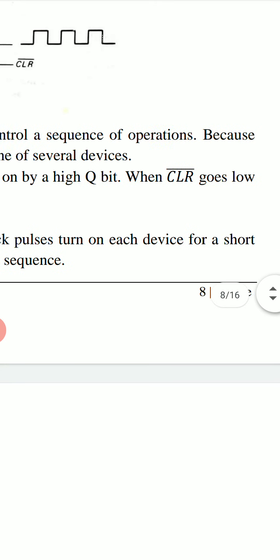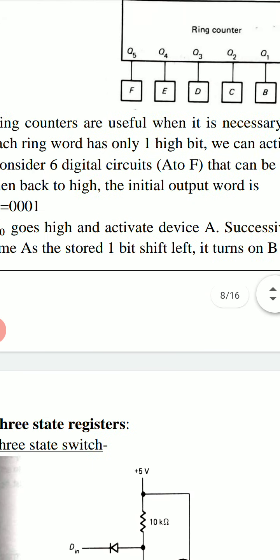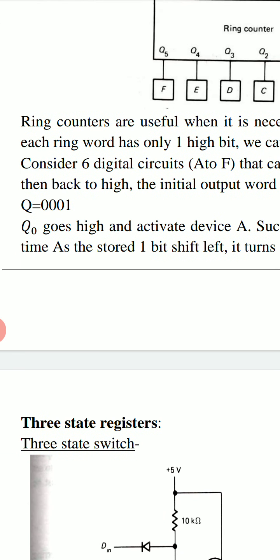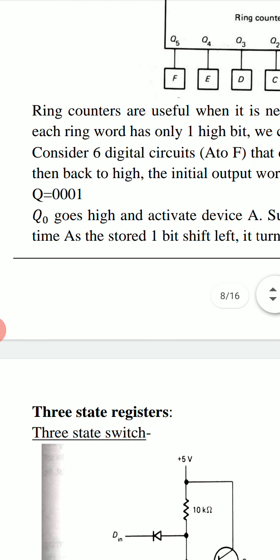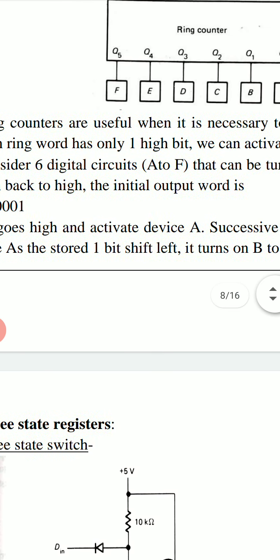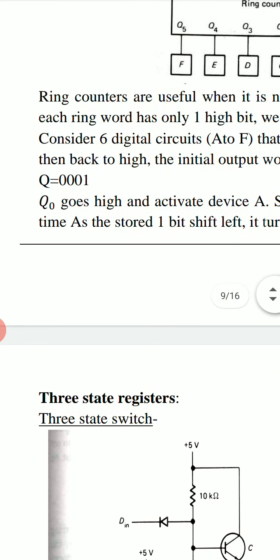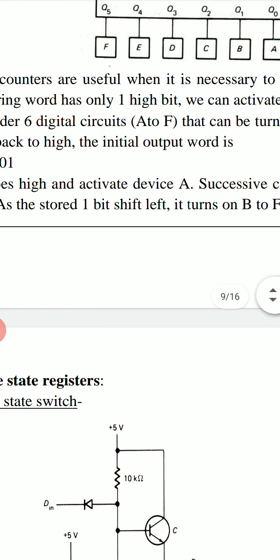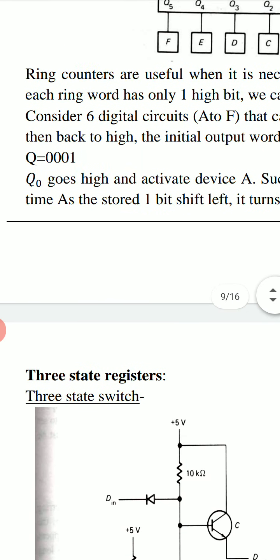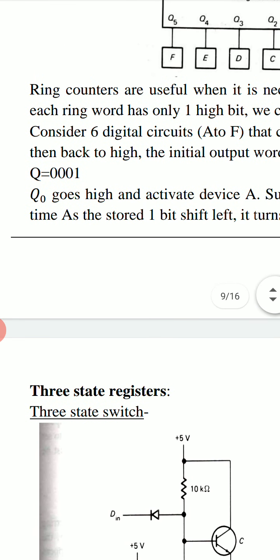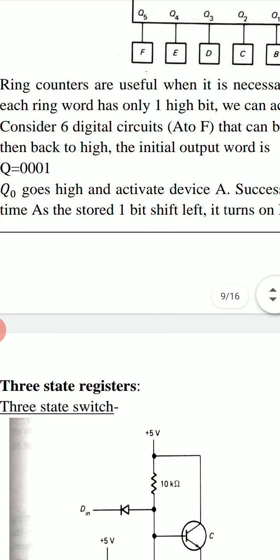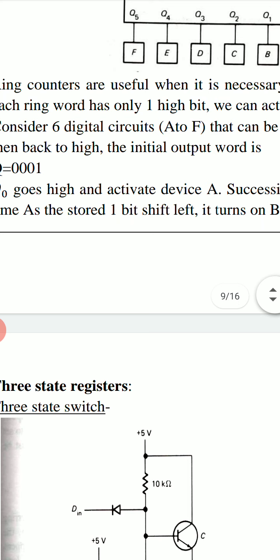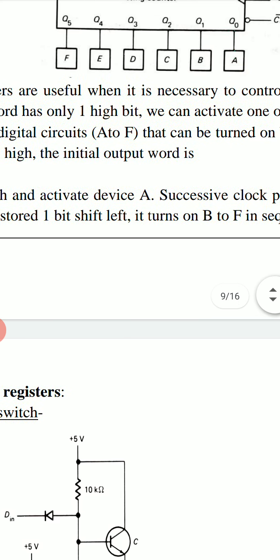When CLR bar goes low, then back to high, the initial output word is Q equal to 0001. Q0 goes high and activates device A. In the initial word we have the high bit 1 in the LSB, that is Q0.